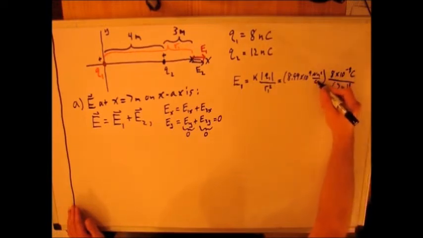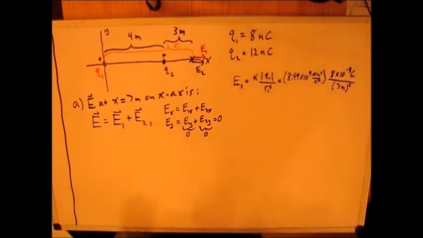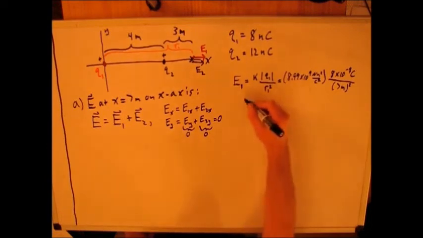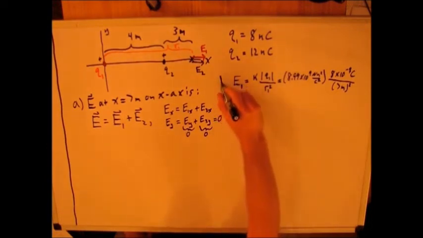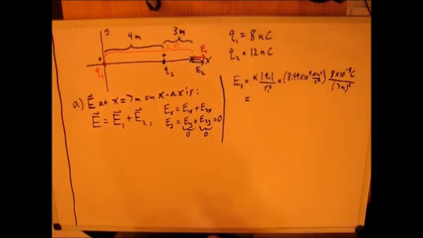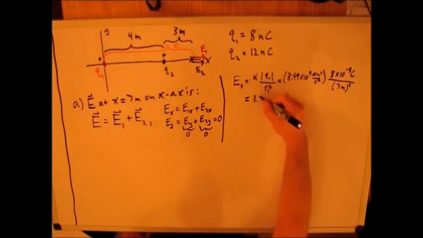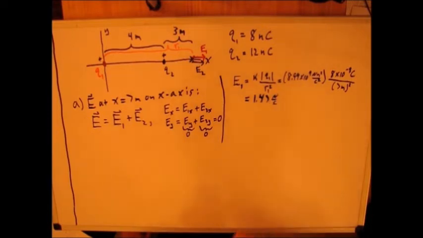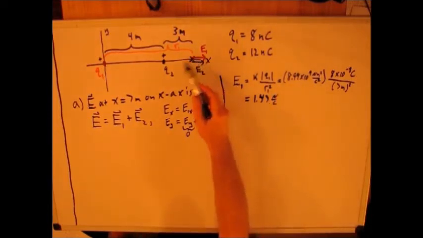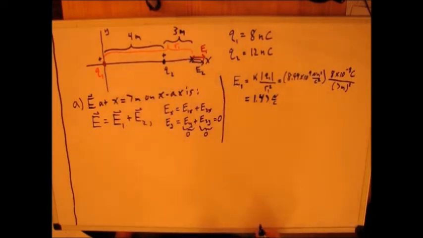And I left off a unit here. This is actually coulomb squared for that K constant. So the magnitude of E1 is 1.47 newtons per coulomb. That's the magnitude of the electric field due to charge Q1 at that spot.